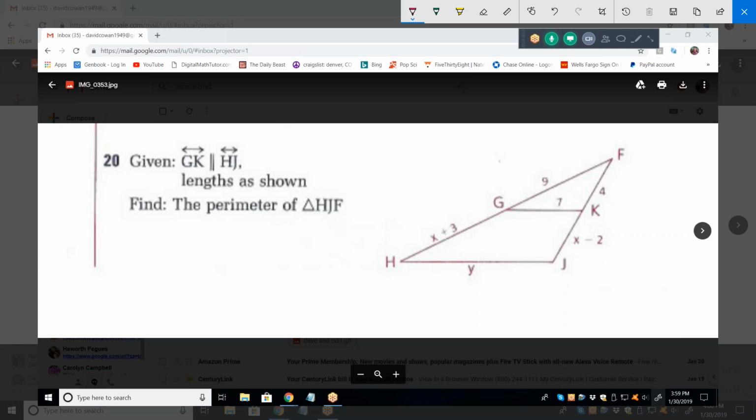So, what can we do with that? What does it say about that number and that number versus that number and that number?